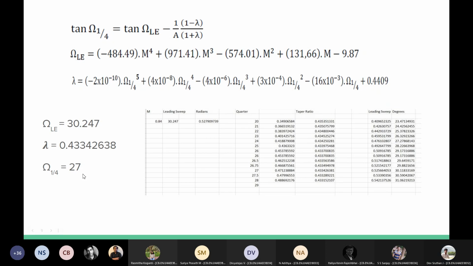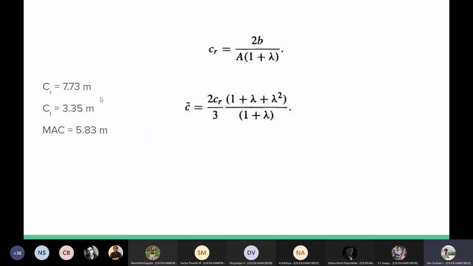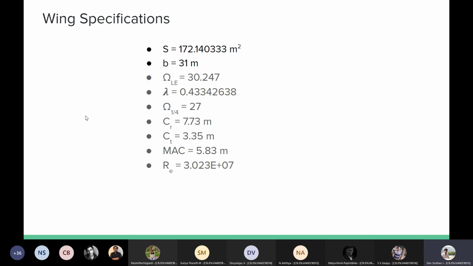And lambda is 0.43. CR and CT have been calculated, and the mean aerodynamic chord has been found. It is found to be 5.83, 7.73, and 3.35. These are our final wing specifications, and along with it is our Reynolds number.